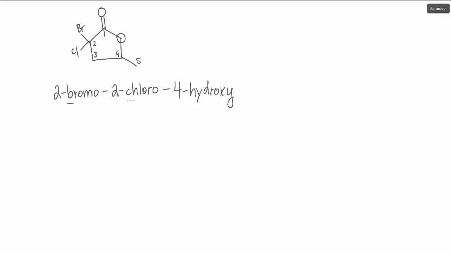And all of this is in alphabetical order, the way we want it. Now, I have 1, 2, 3, 4, 5 carbons. So this is going to be a pentonic acid. That pentonic acid is going to be a lactone.